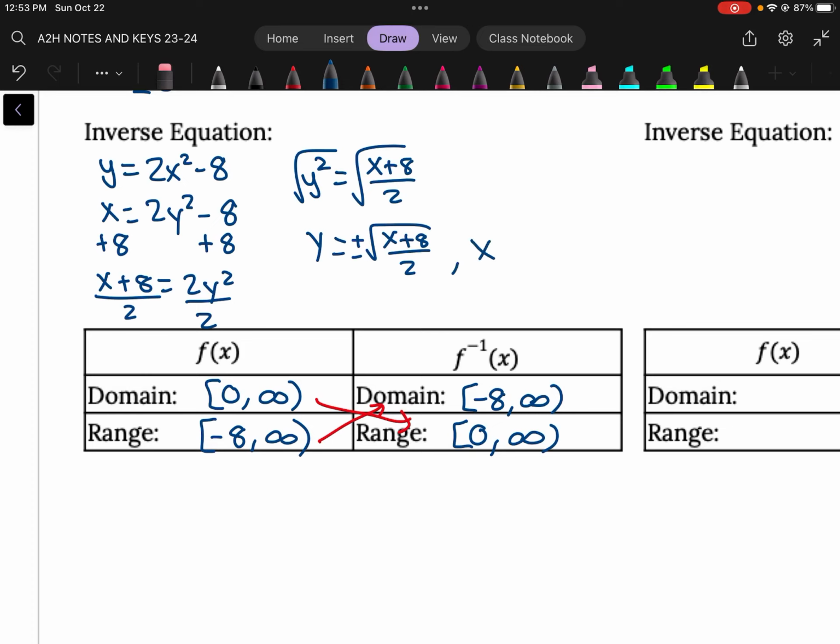So I know my domain is -8 to infinity. I'm going to write that x is greater than or equal to -8 up here. And my range has got to be 0 to infinity, so I'm going to take the negatives out. I know when I plug in values, I'm only getting that positive. So I'm going to write it. Now I can write it as a function.